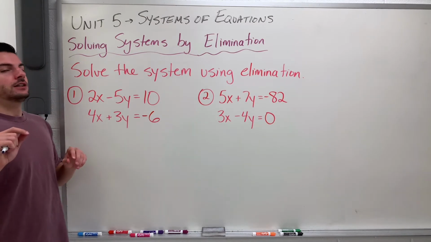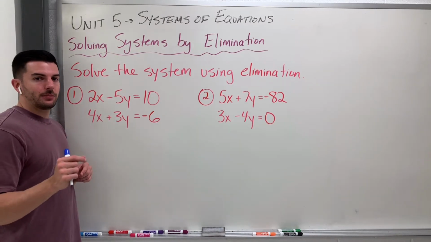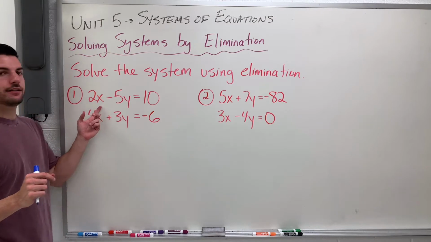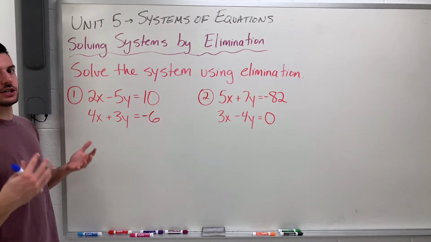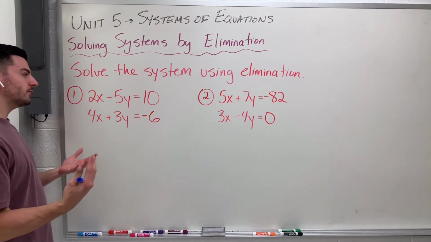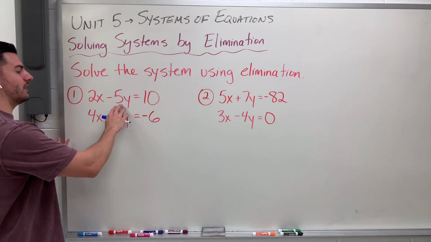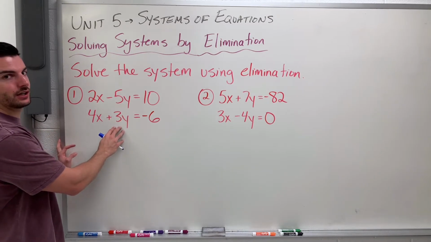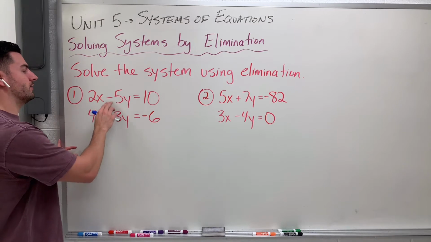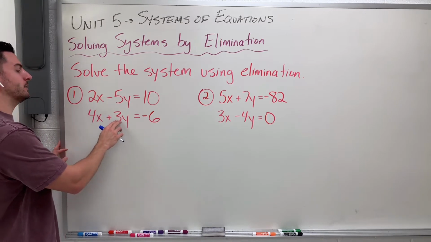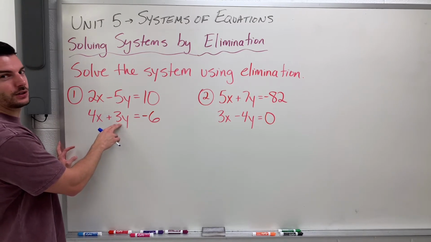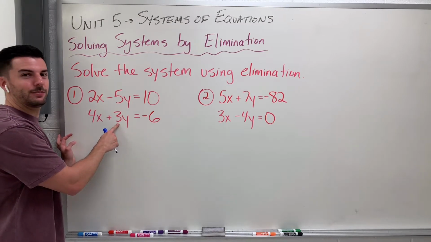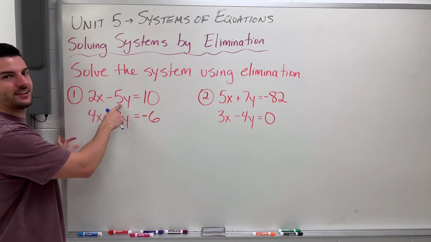So if I'm asked to do elimination here, I have to do something to the equation first. Negative 5y, positive 3y: usually you look at the smaller one and think, could you multiply 3 by a whole number to get 5?